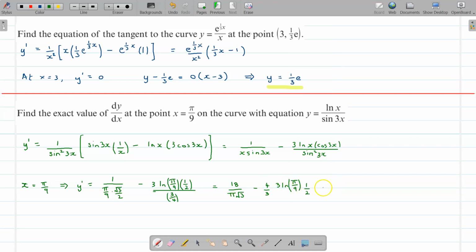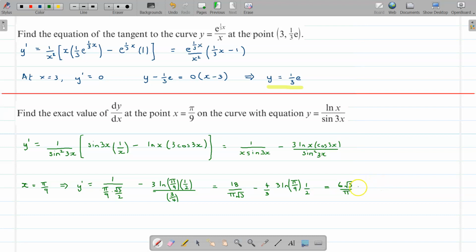Let's just do one more sweep through this and tidy it up. This can be rationalised, so times top and bottom by root 3. So it's root 3 over 3. 18 over 3 is 6. So it's 6 root 3 over pi, with a rationalised denominator.